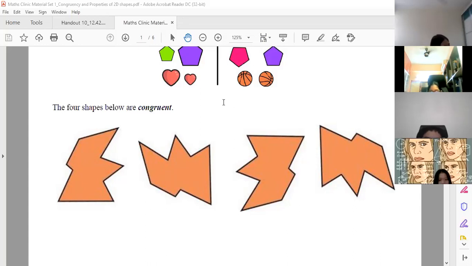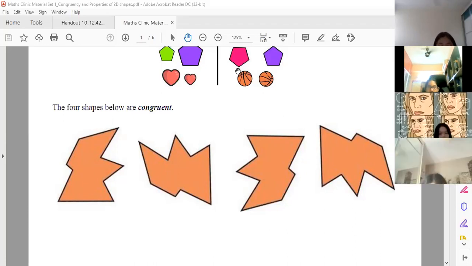This means that even if the shape has experienced a transformation, either translation, rotation, or reflection, we can see that all the shapes are congruent. Okay, moving on.